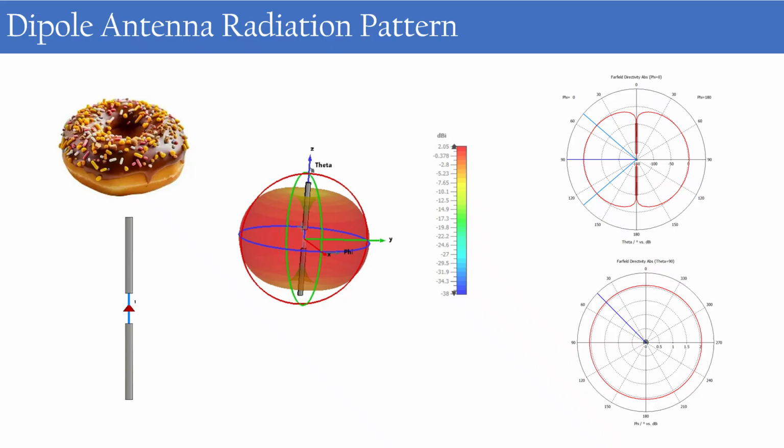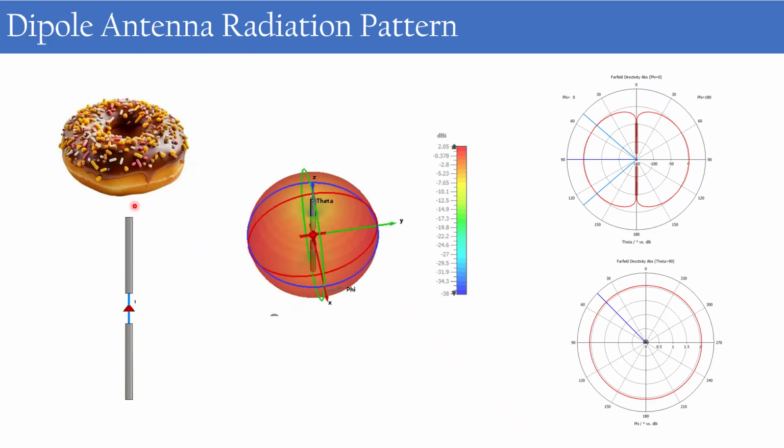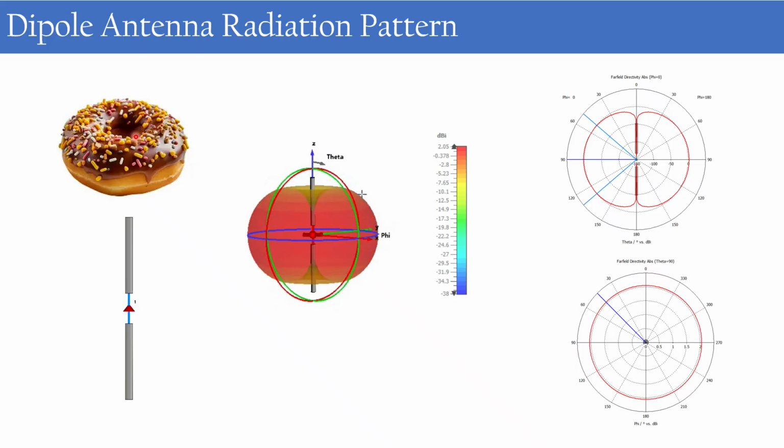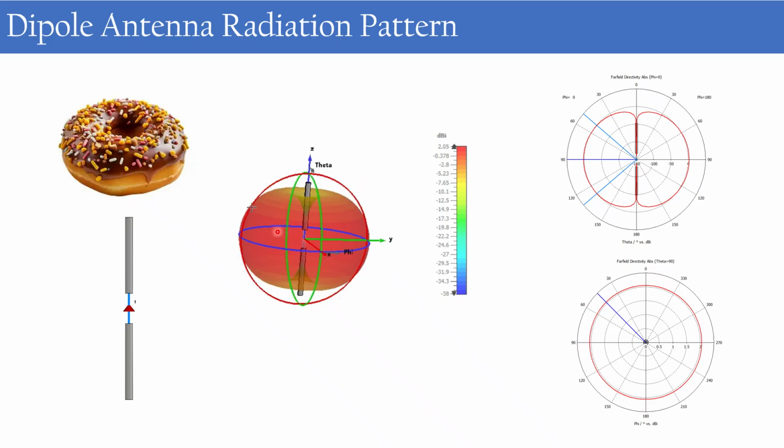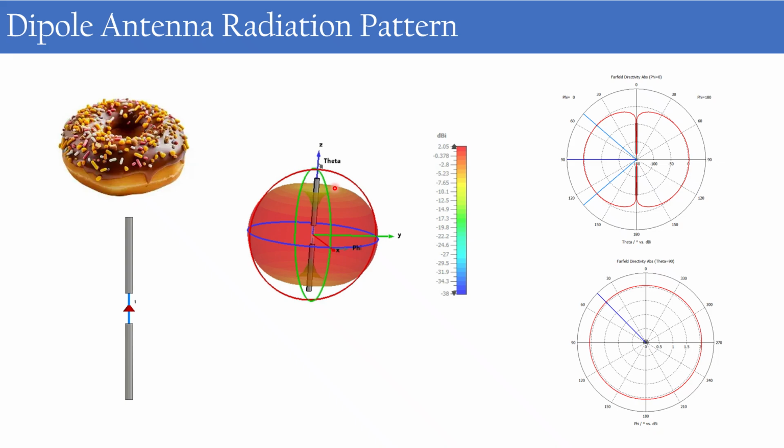This is the radiation pattern of the dipole antenna. It will look like a donut shape, as if a donut is inserted on this dipole antenna. This donut shape pattern is known as an omnidirectional pattern. Here we can see that it has more coverage in the horizontal direction, and in the vertical direction there is no coverage.